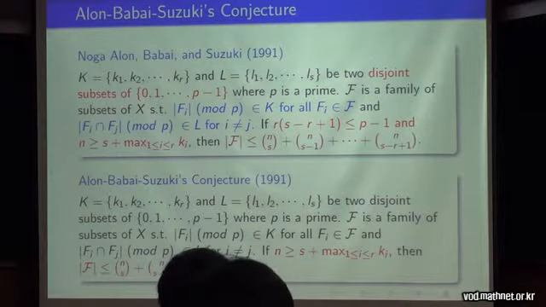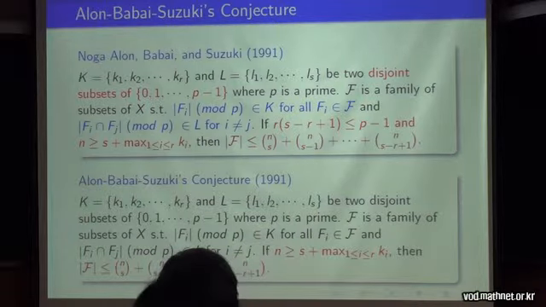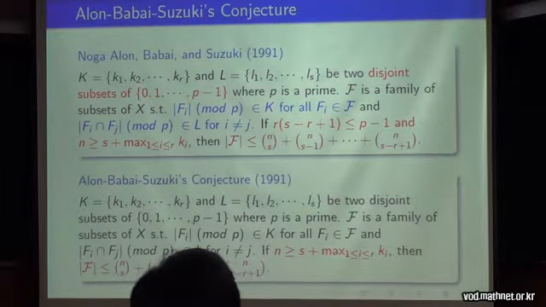In addition, the size of each set should be in the set K, from k1 to kr, modulo p. If it satisfies these two conditions, r times (s minus r plus 1) is less than or equal to p minus 1, and n is greater than or equal to s plus the maximum of the ki, then they got this kind of upper bound.